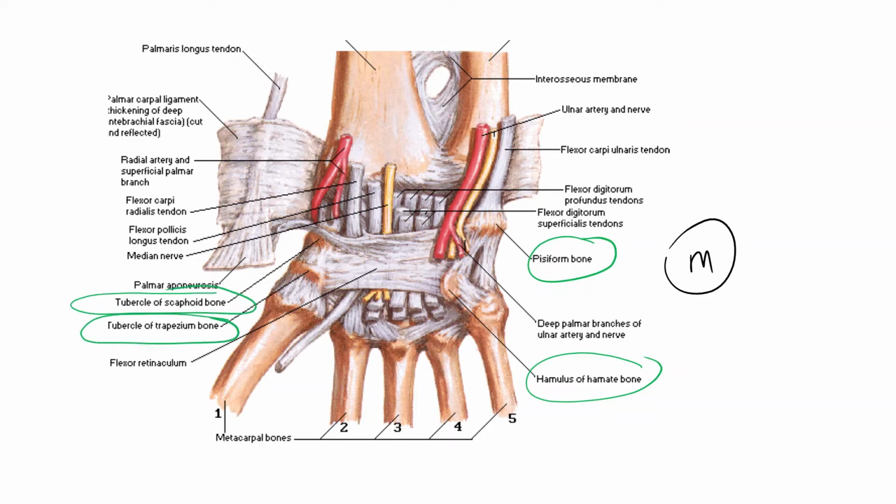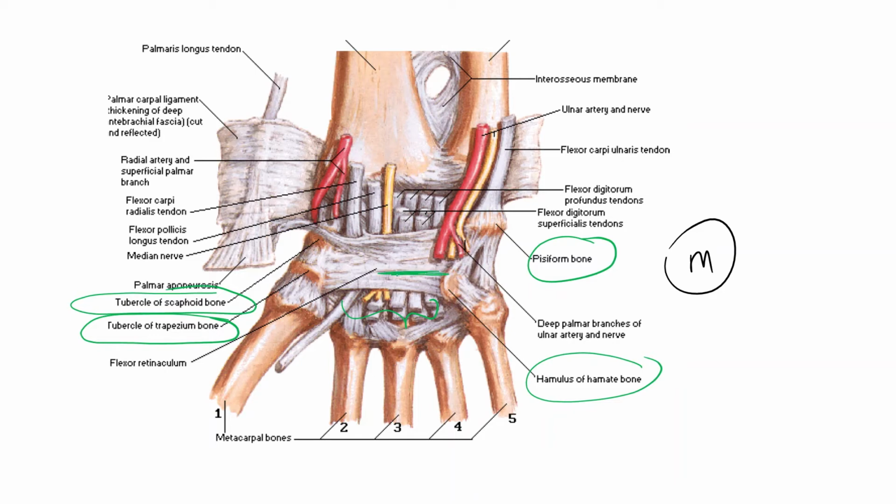So these are the bones which take part in the attachments. In this picture, we can also see the formation of the tunnel deep to the flexor retinaculum. The anterior concave portion of the carpus is converted into the tunnel by the flexor retinaculum.